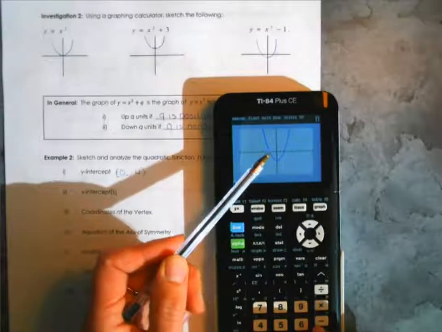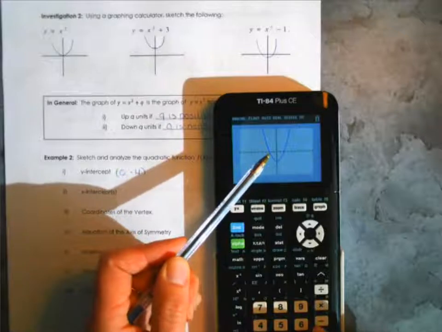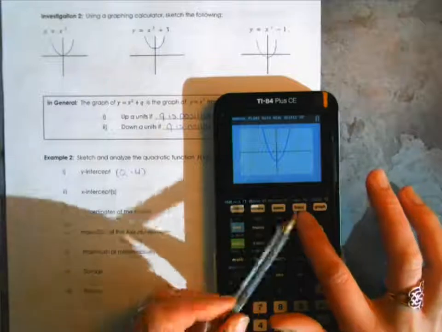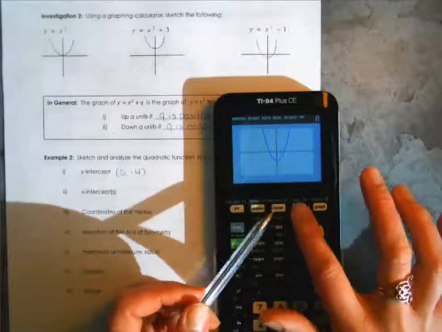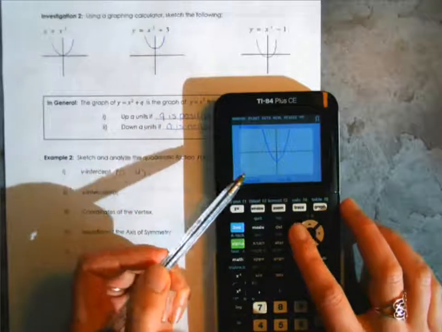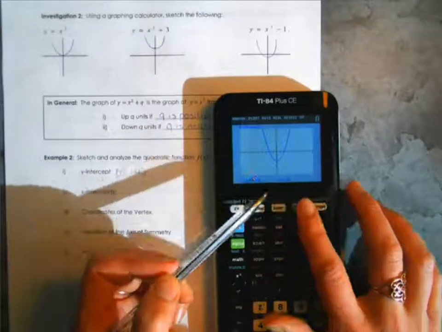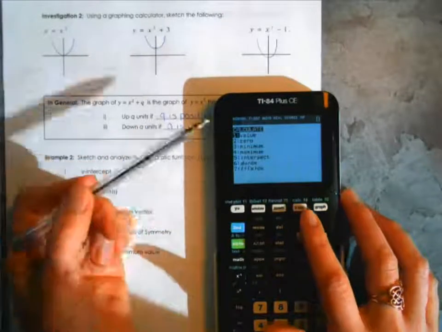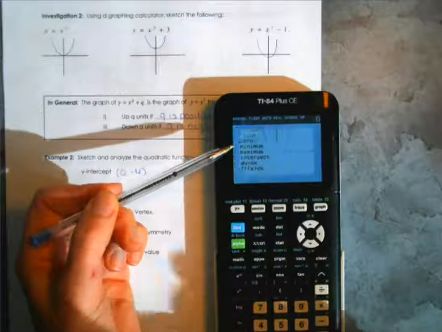You can probably see from this one that it's crossing at 2 on the x-axis, but if we want to be really careful to make sure we're exactly right, you can use the trace button. Second function trace, and then you want to hit 0.